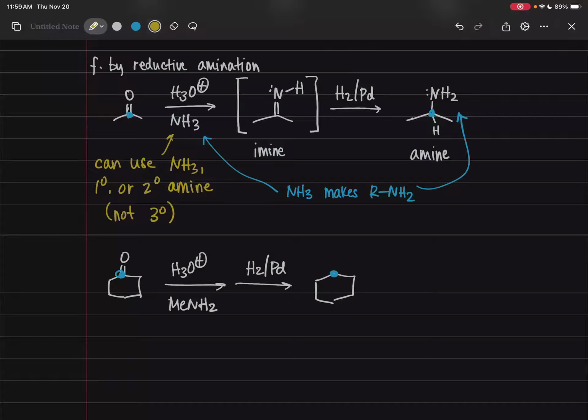So that means what we're going to attach is MeNH. There's our attachment. And so all we have to do here, oh, that's the edge of the page, is put our methyl group and our hydrogen.